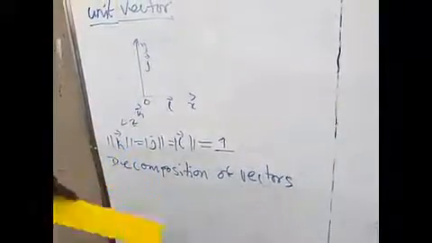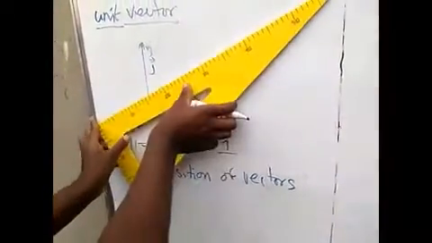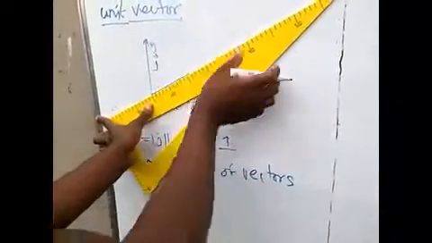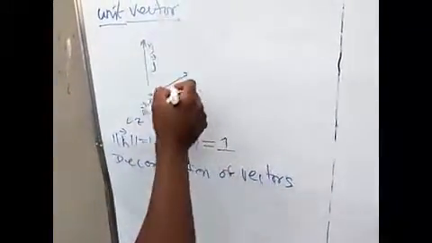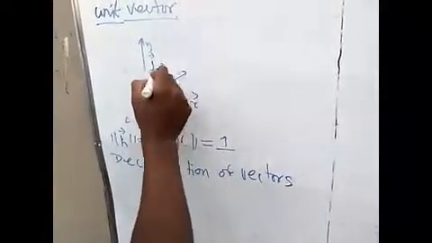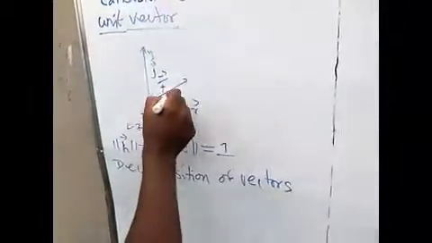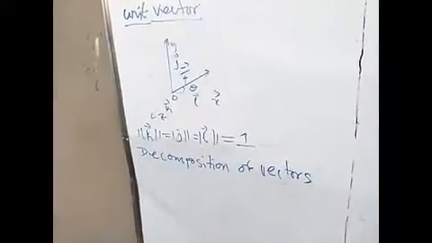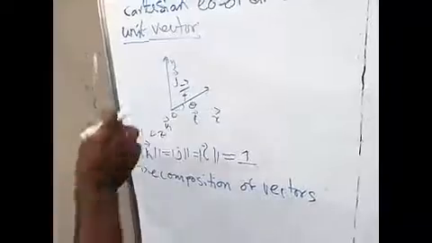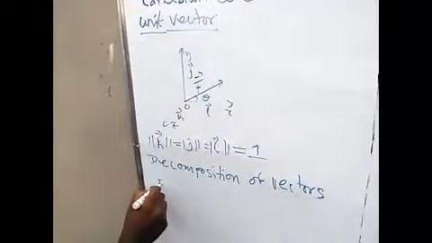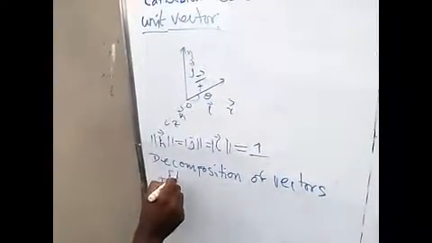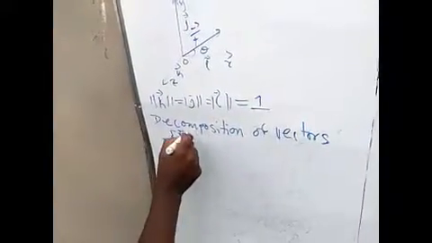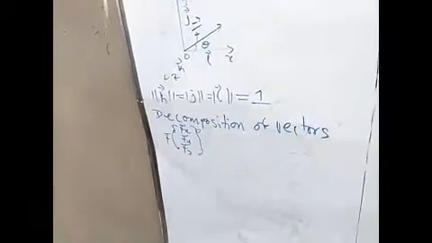If I have a vector, I call this vector F. The direction here, theta. This F is in the reference frame with components f of x, f of y, and f of z.